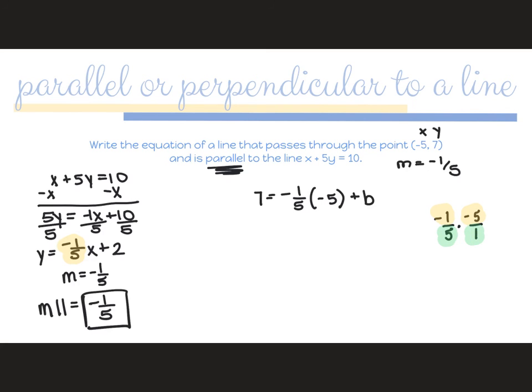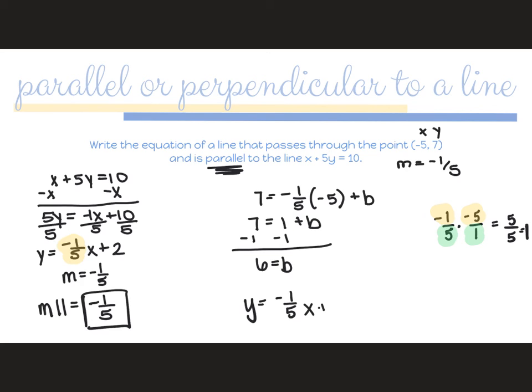So I would get negative 1 times negative 5 is 5. 5 times 1 is 5. This will really just simplify to be 1. So 7 equals 1 plus b. Subtract 1 from both sides. 6 equals b. Then rewrite. So y equals negative 1/5 x plus 6.